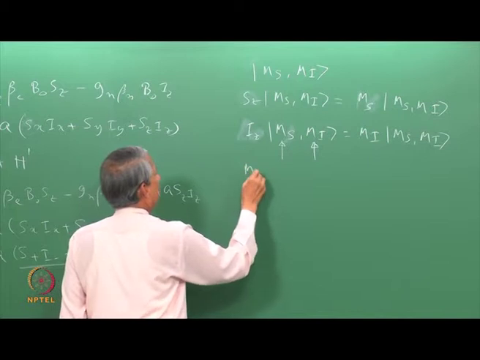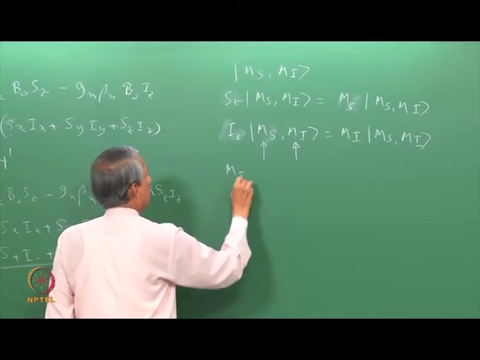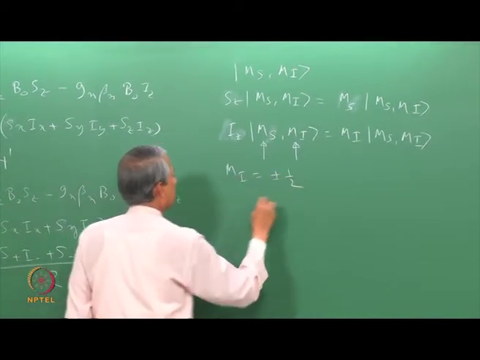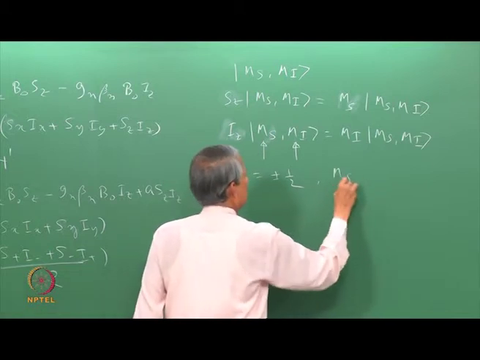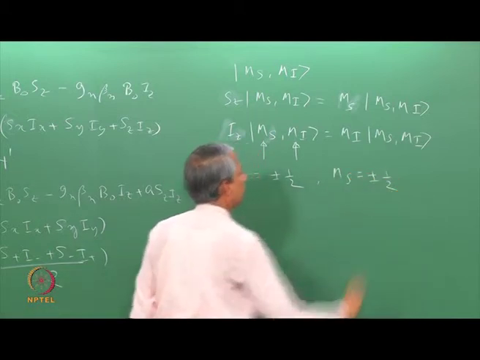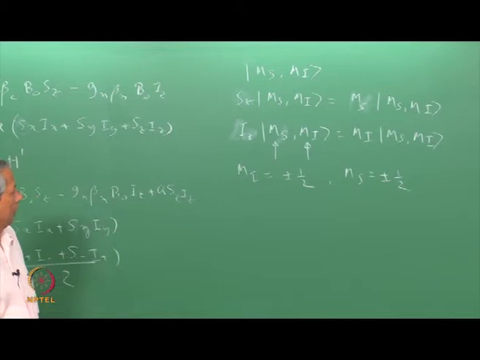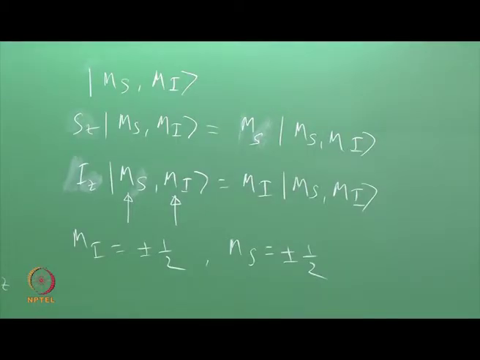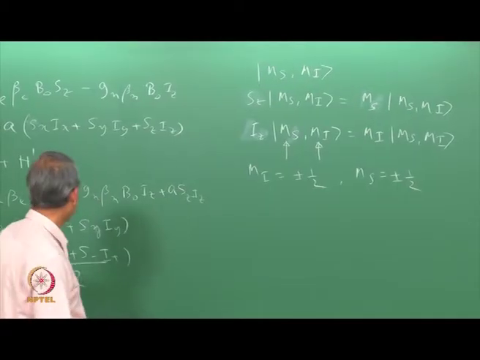So, these two identify the possible component of the angular momentum. mi takes the value of plus minus half and ms also takes the value of plus minus half. So, we have got 4 possible combinations and correspondingly 4 wave functions, and we should get 4 energy levels. Alright.